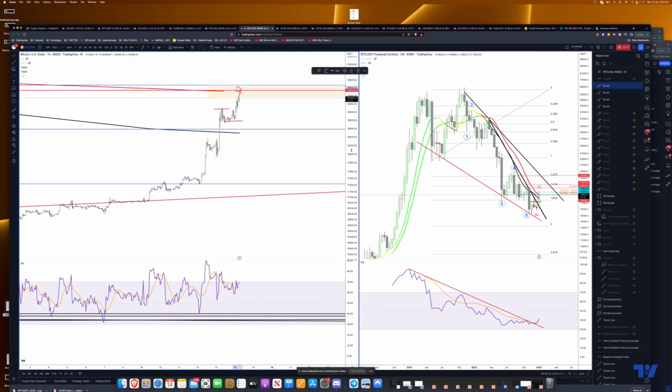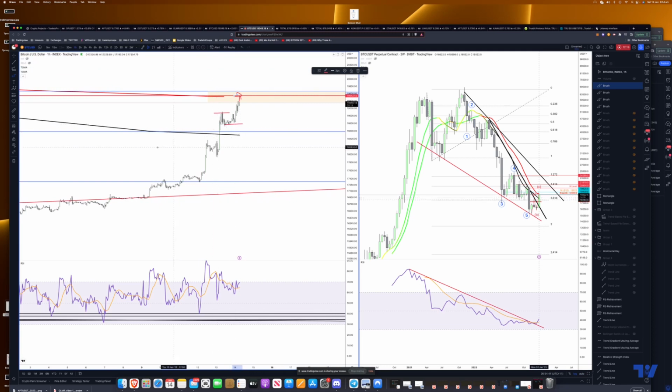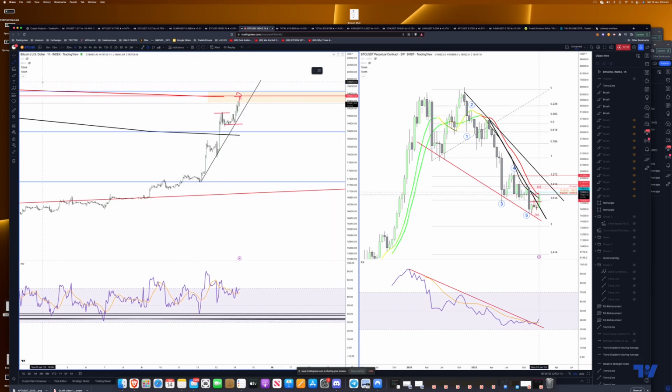And then we might start seeing some, so let's see, current trend line. This is the key. This is the 1 hour. This is going to start showing something there. It still looks bullish from the RSI perspective on the 1 hour. So let's have a look at that.